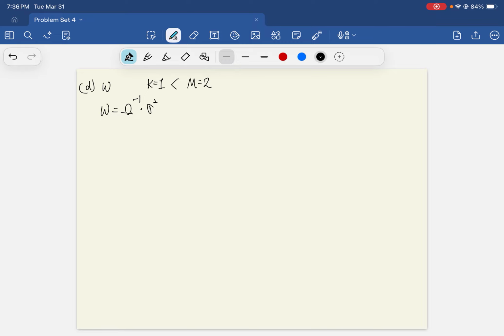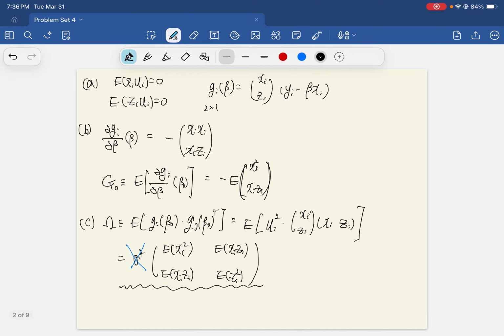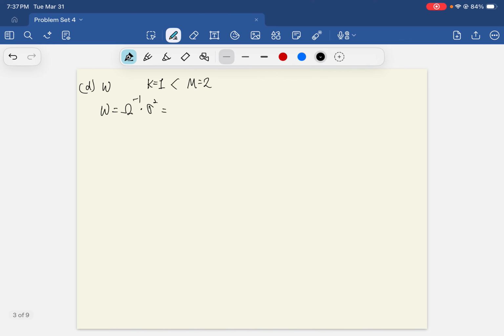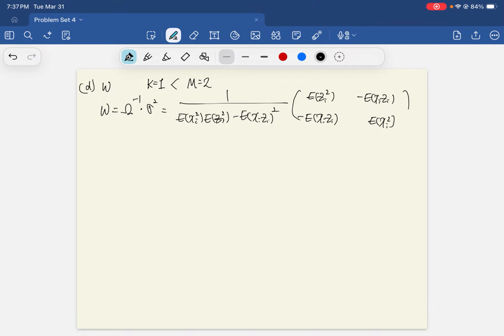So our weight will be like this. That means simply the inverse of this matrix. So that means expectation of x squared times expectation of z squared minus expectation of x_i z_i squared, and expectation of z squared, minus expectation of x_i z_i, minus expectation of x_i z_i, and expectation of x squared.